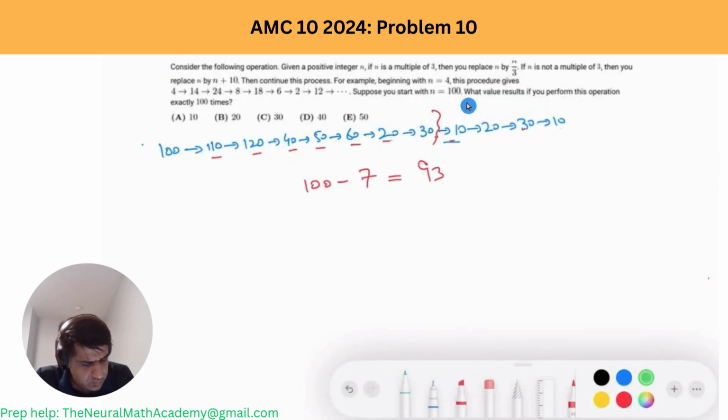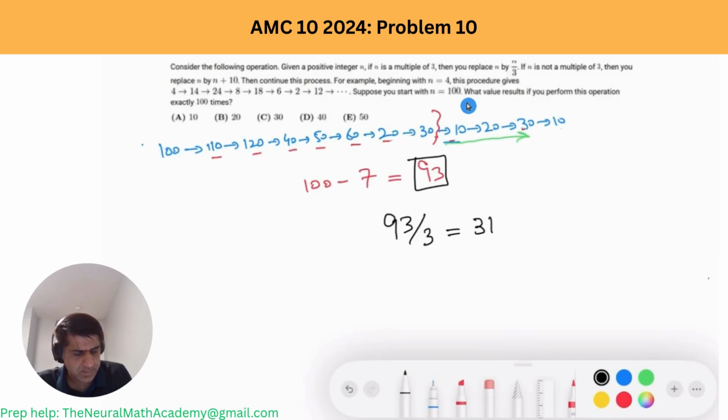If I apply it 3 times again, I get 30 again, and this cycle continues. The operations left after this 30 are 93. If I divide 93 by 3, I get 31. So this loop continues 31 times, and it will end with the value of 30. So the answer for this question is 30.